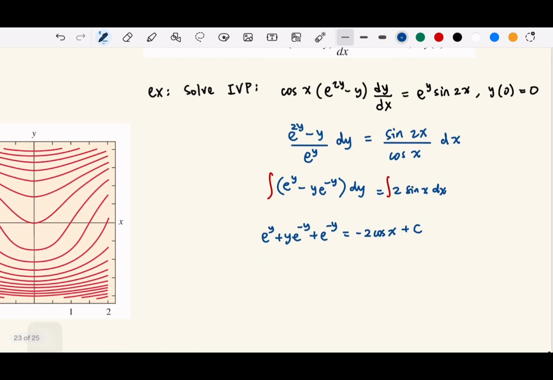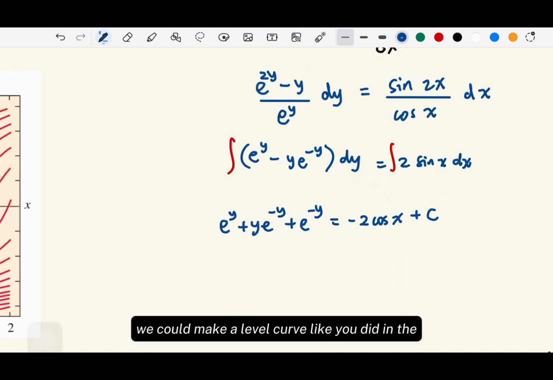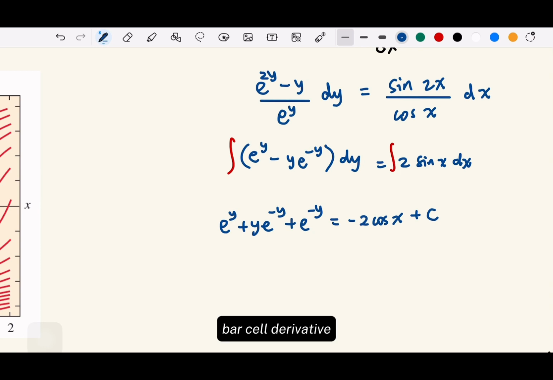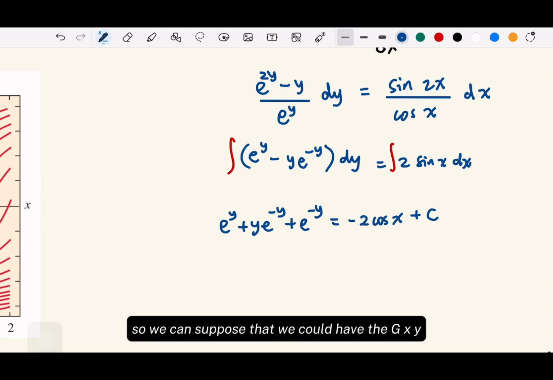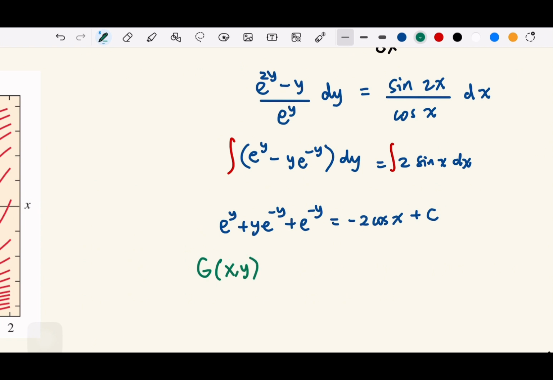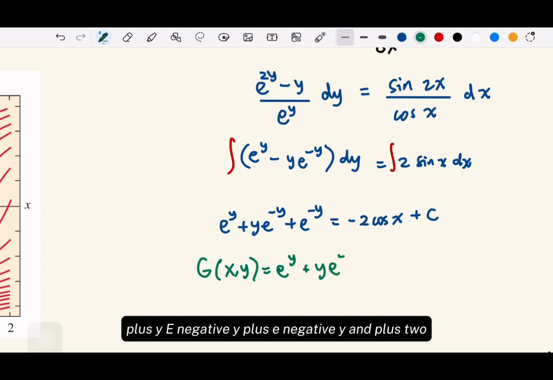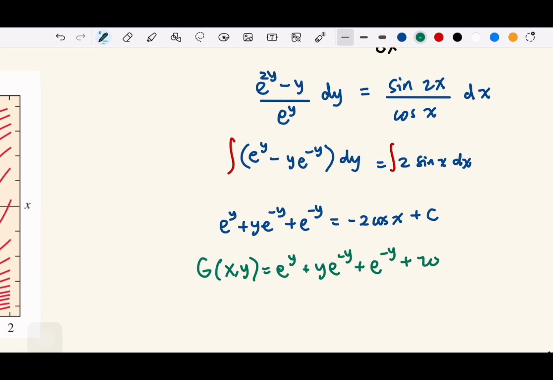Actually, from this expressions, we could make a level curve like you did in the partial derivative. So we could suppose that we could have the g of xy, which is the e to the y plus y e negative y plus e negative y and then plus 2 cosine x.